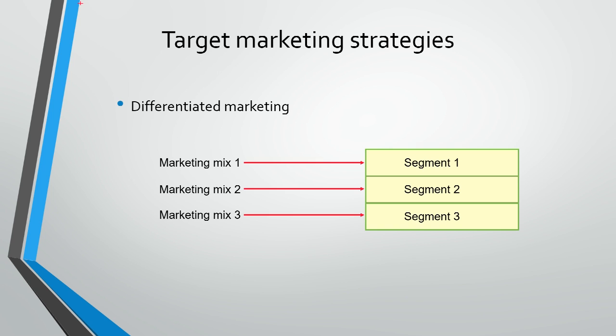This is quite difficult because most companies don't have the ability to provide different products and different marketing strategies to gain consumers with different needs. It will cost a lot. For example, Coca-Cola has so many series of soft drink products, and each one has its own marketing strategy and faces different consumers from different segments.